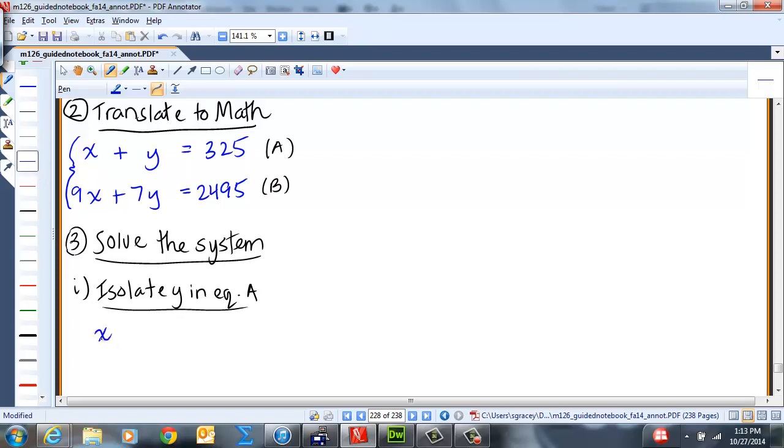So we have x plus y equals 325. So subtracting x from both sides, we'll get y is equal to 325 minus x.